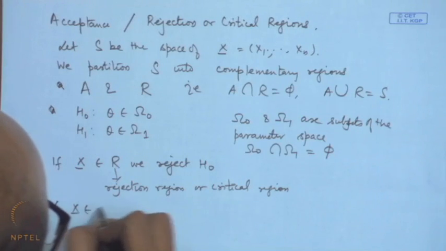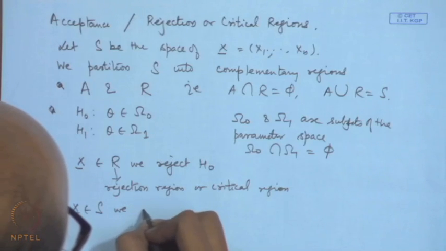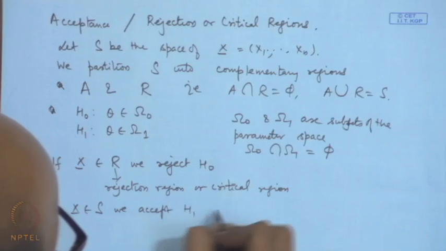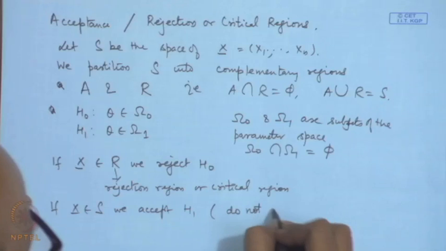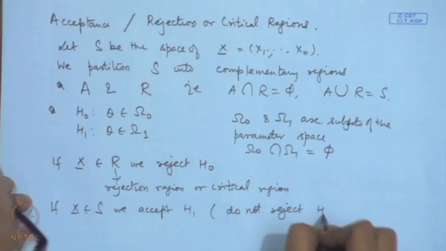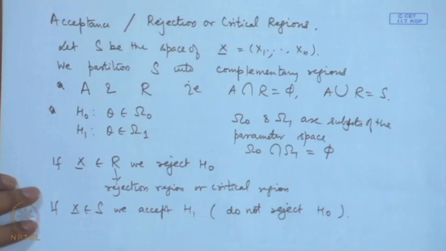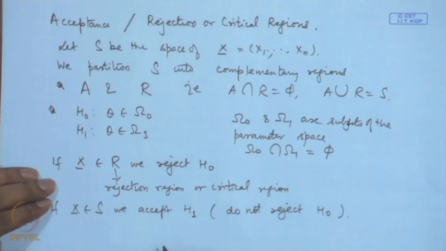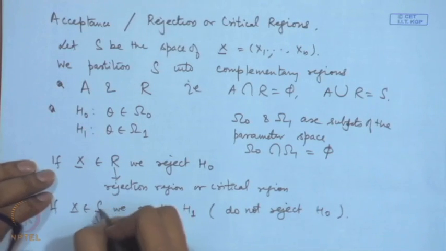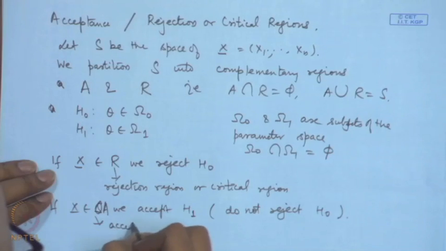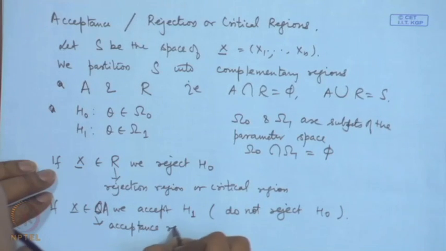If x belongs to A, this is called the acceptance region.